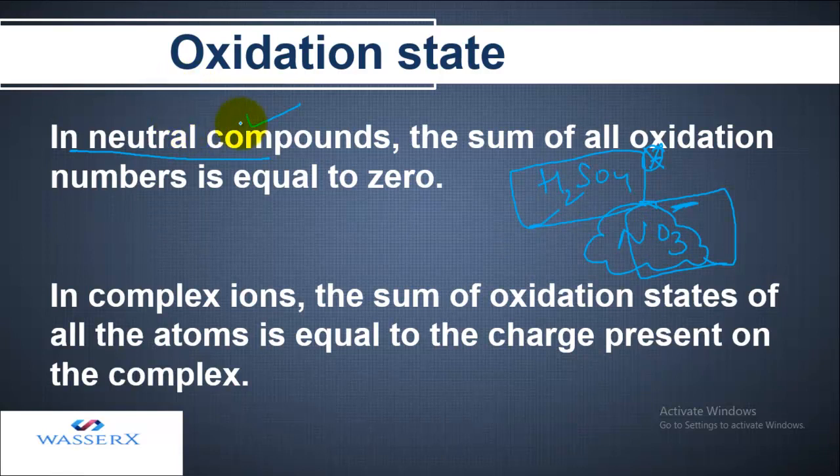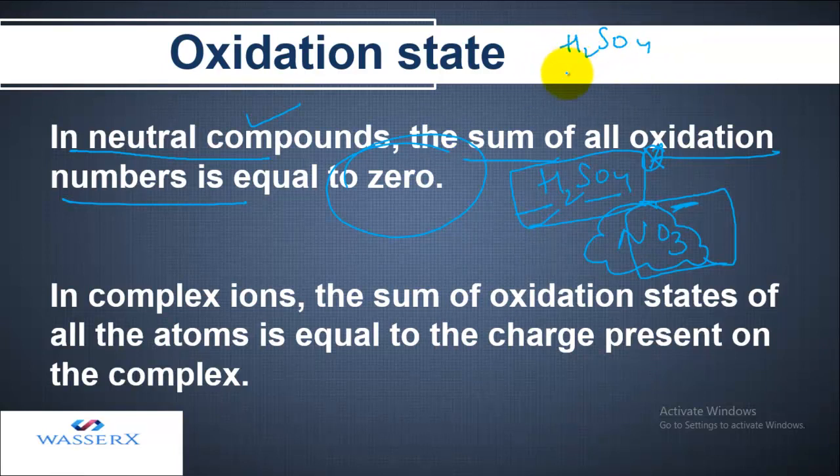So here we are talking about the neutral compounds. If we have any neutral compound and we take up the oxidation state for different atoms present in it, we'll see that the sum of all the oxidation numbers of the atoms present in it can be equated with 0. Let's say we have H2SO4. As you can see, there is no charge. That means it is a neutral compound.